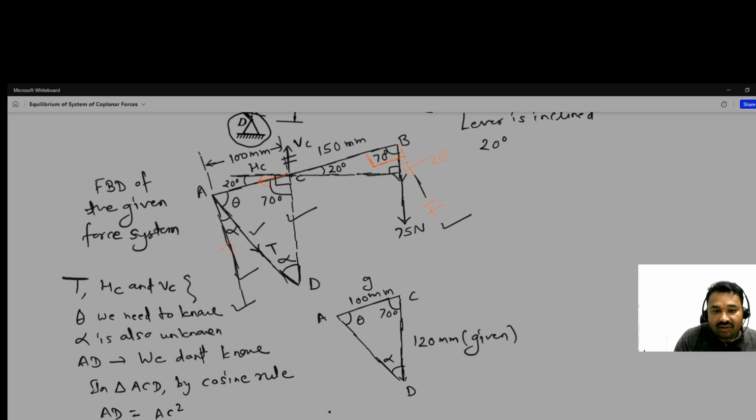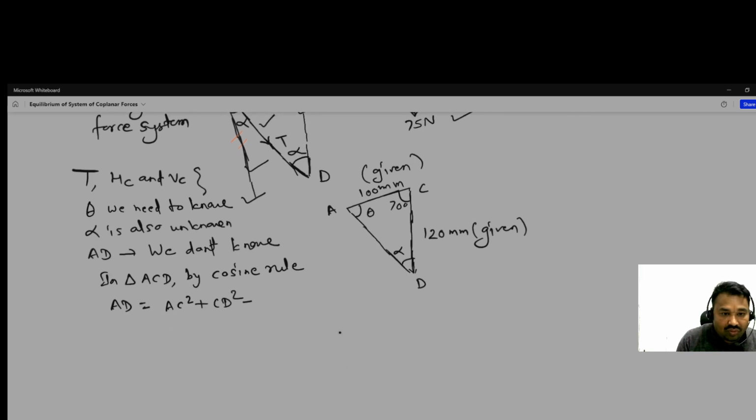Okay, so AC square plus CD square minus 2 AC multiplied by CD, then cos 70 degree, and it is under root.